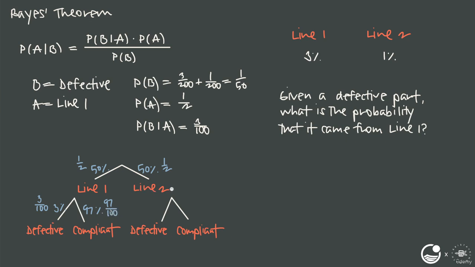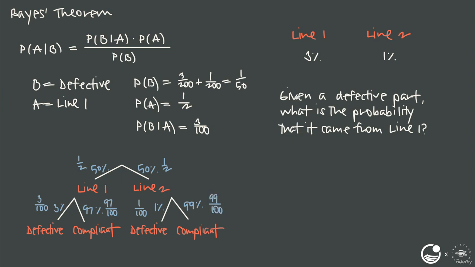And then off of assembly line 2, we can get defective parts. Line 2 produces defective parts at a 1% rate. So we can say 1% here or 1 in 100, which means that line 2 produces compliant parts at a 99% rate or 99 in 100.